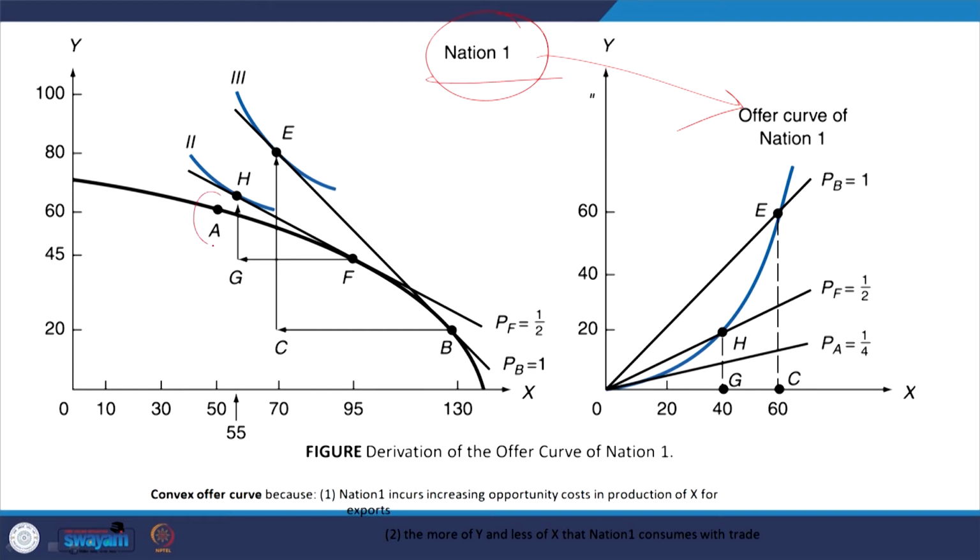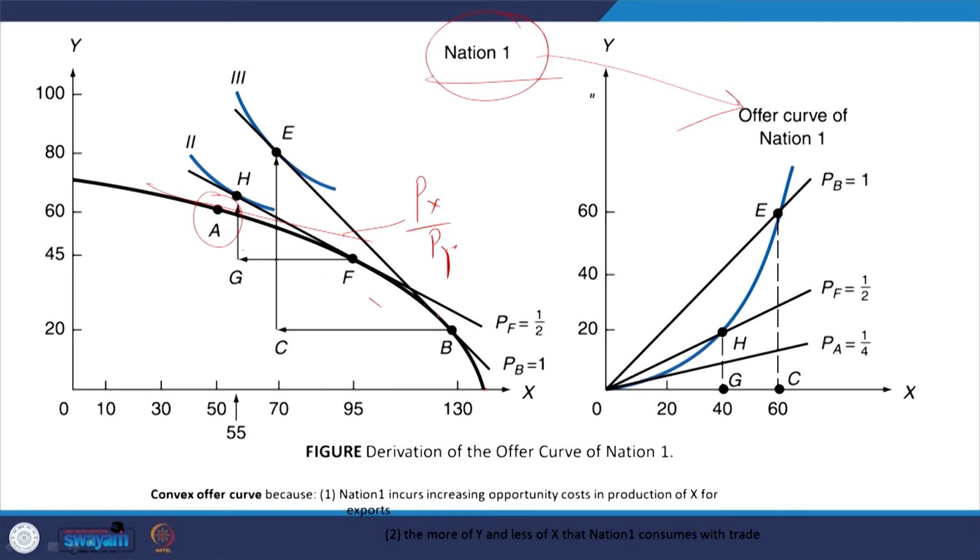Now, starting with point A, if you remember, even in this diagram the PPF is a little tilted or biased towards commodity X. So, in the autarky situation, which starts with the notation A here, the country has a very low relative price. That means this Px by Py is lower than that of any other points down the line.